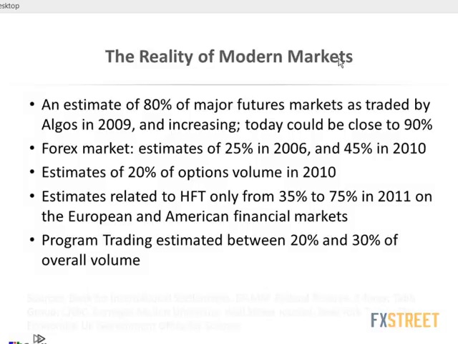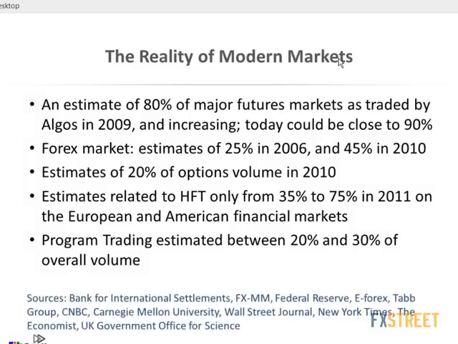That's what I follow. If you want to review the sources, you can find information here. One very good source is the documentation created by the UK Government Office for Science, and I recommend you get it if you want to understand a little bit more about the high-frequency trading phenomenon.